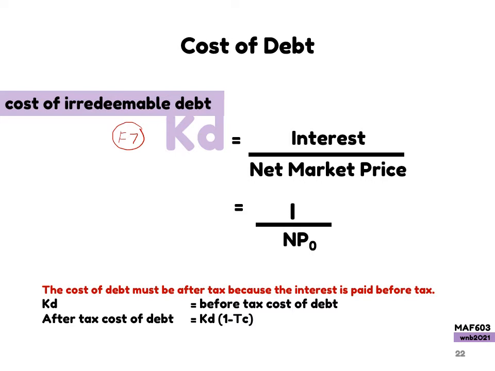Before we pay tax, we need to settle the interest payment first, so it will affect our tax payment. That's why for KD, the cost of debt, we need to take into account the after tax effect. So when you find the KD, you need to take the KD figure and multiply with 1 minus TC. TC here is the corporate tax rate.